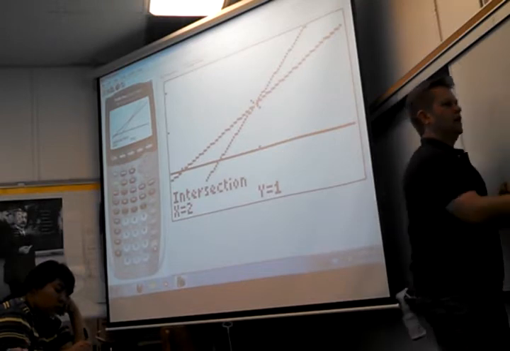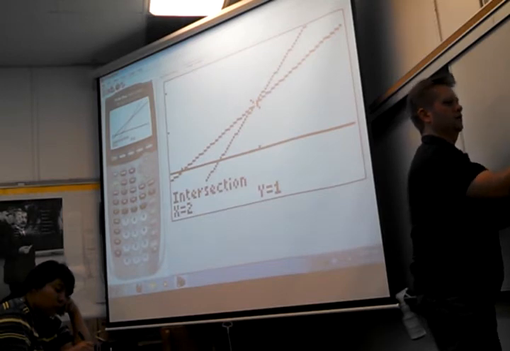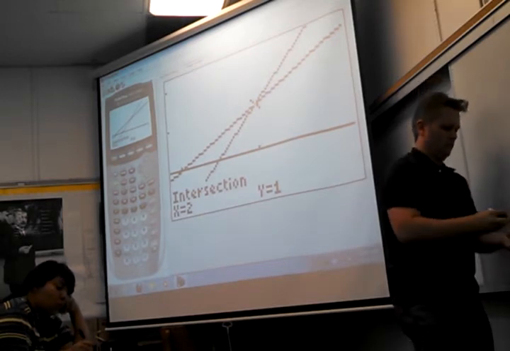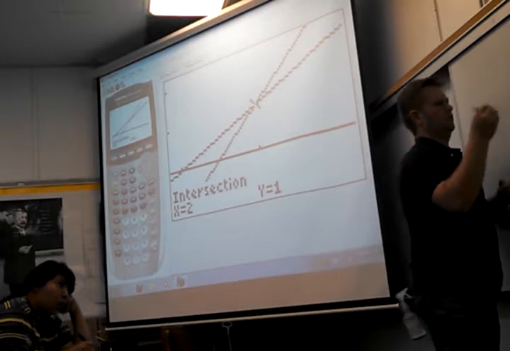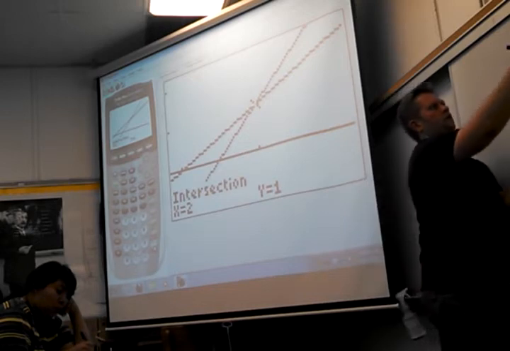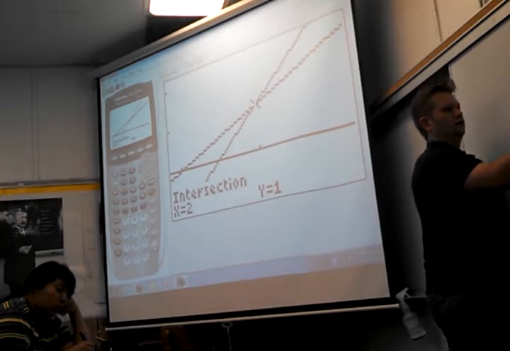So if we try to do this by hand, what's the y-intercept for the first guy? 4? And his slope is good. So I got to go up 1, 2, 3 over 1. I can also go down 1, 2, 3 back 1, right?